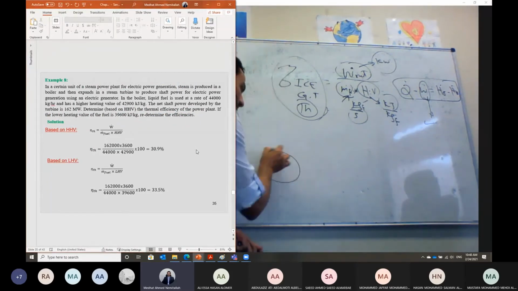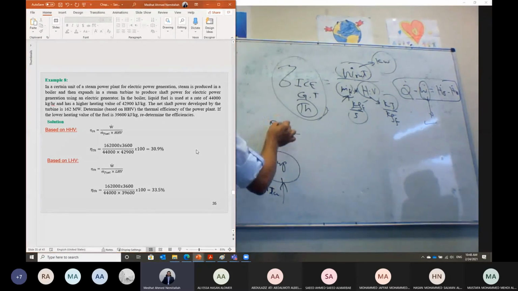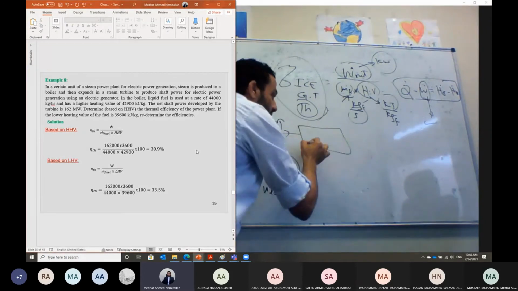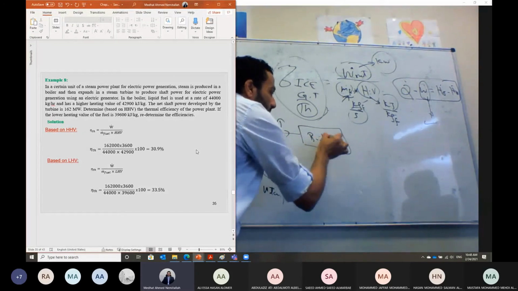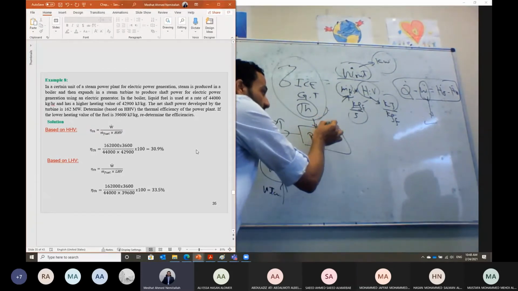In a steam power plant, we have the pump that takes the pure water and raises the pressure of the water to the pressure of the boiler. So we have a boiler here. Inside this boiler, we have a burner. Heat is added to the boiler through burning fuel.